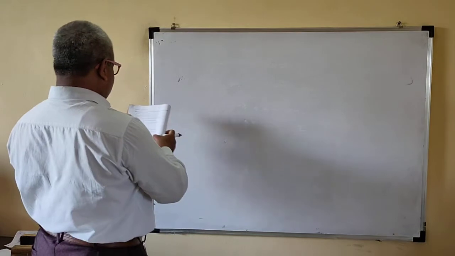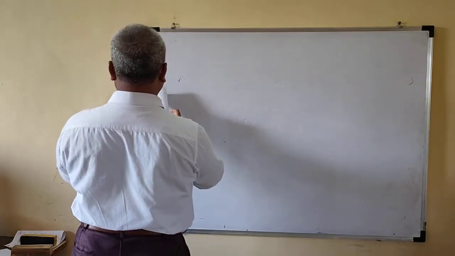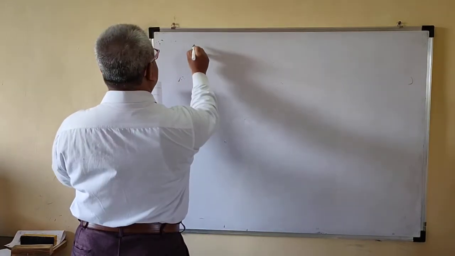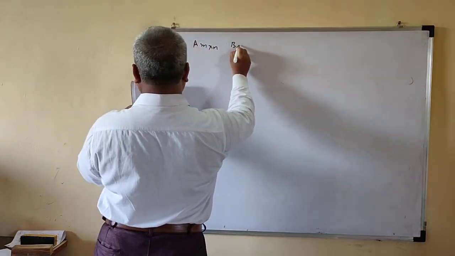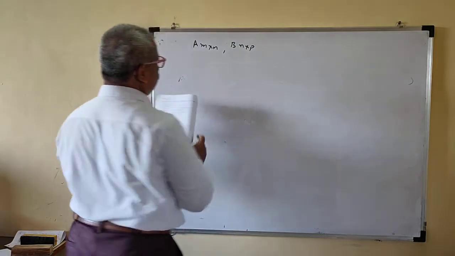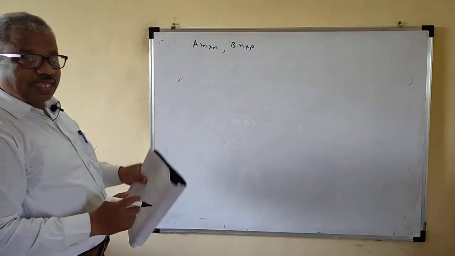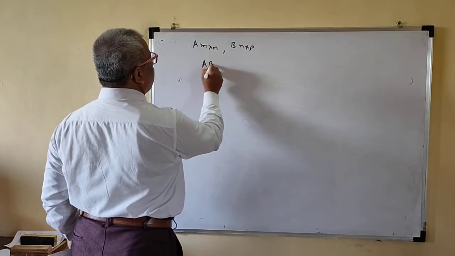So suppose A is an m by n matrix, B is an n by p matrix, so that the product AB exists.